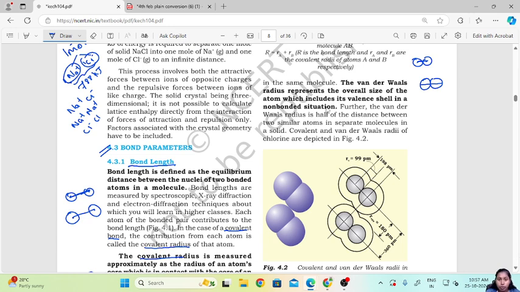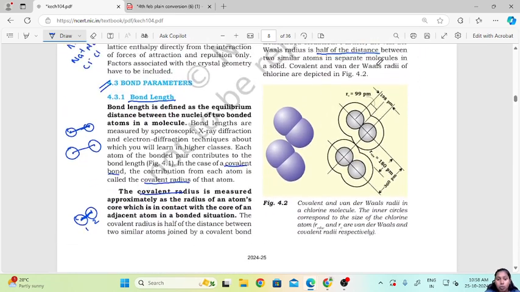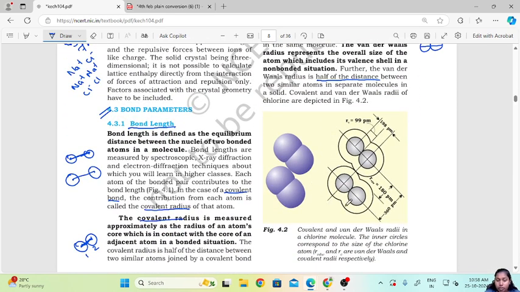So you have to take the half distance between two similar atoms. Now covalent and van der Waals radii of chlorine are depicted here. This is the covalent and van der Waals radius of chlorine atom. Here you can see half the distance and your complete distance.